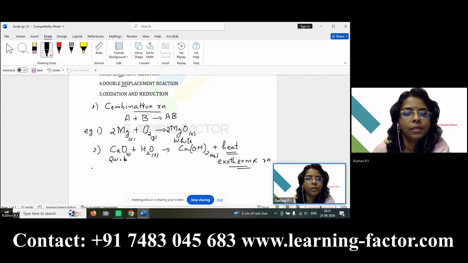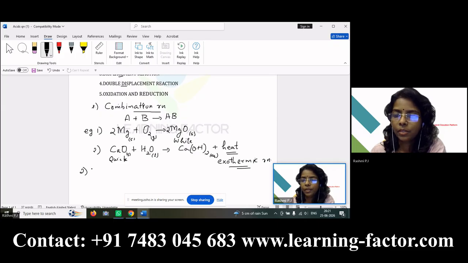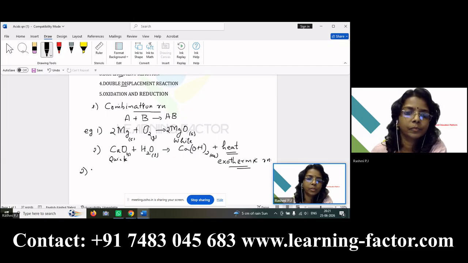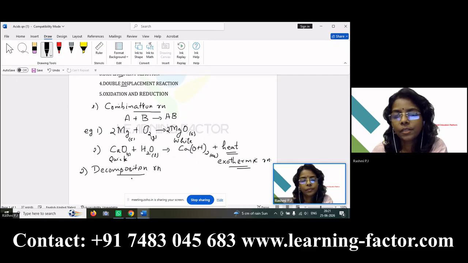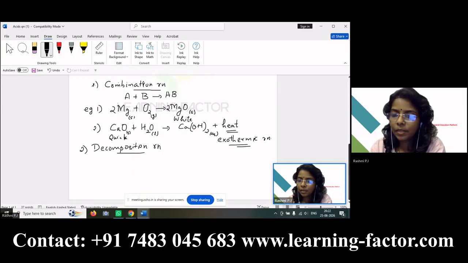Okay. Now, the next reaction is decomposition reaction. Decomposition reactions are the reactions in which one compound decomposes into two or more compounds. So this reaction is actually the opposite of our combination reaction.